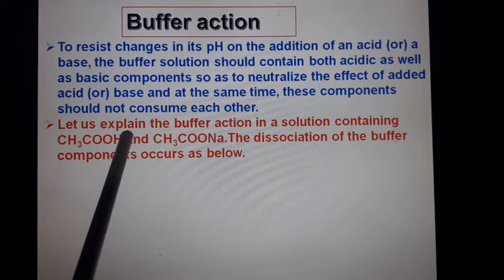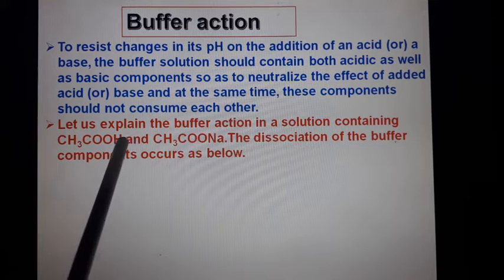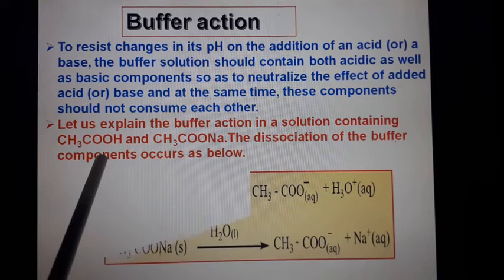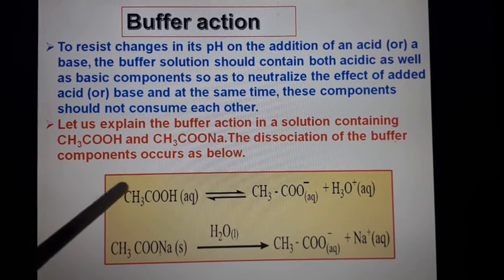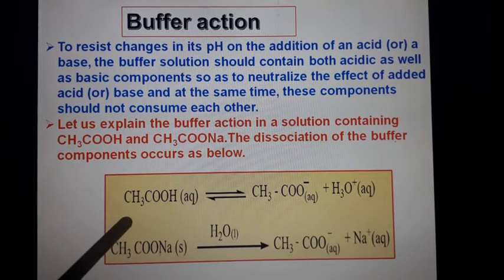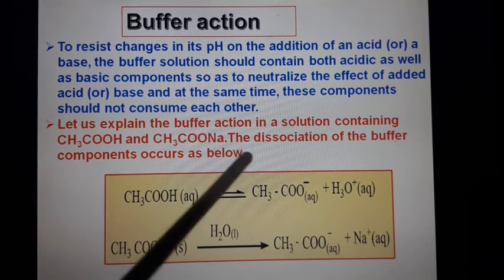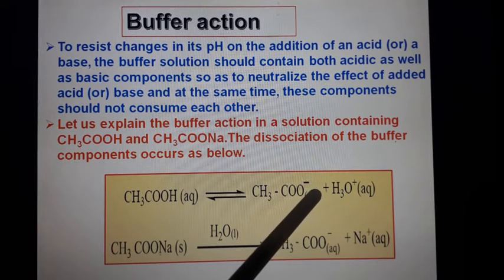Let us explain the buffer action in a solution containing acetic acid and acetate. The dissociation of buffer components occurs as below. CH3COOH is in equilibrium with CH3COO minus and H3O plus ion.